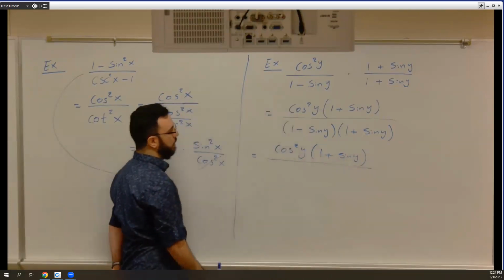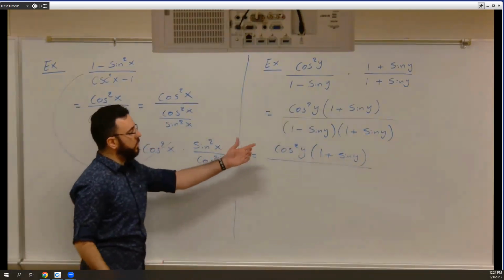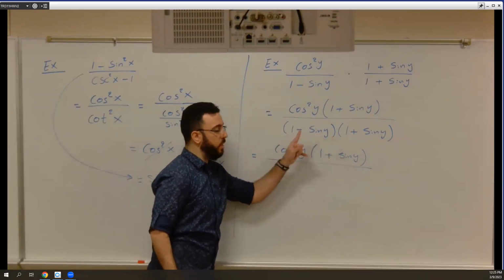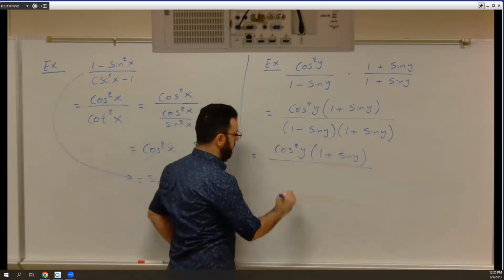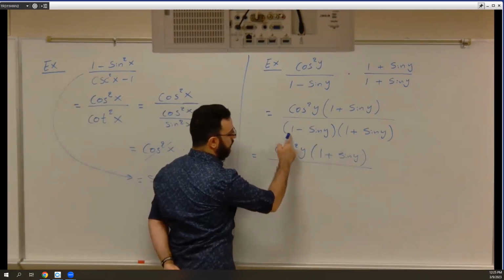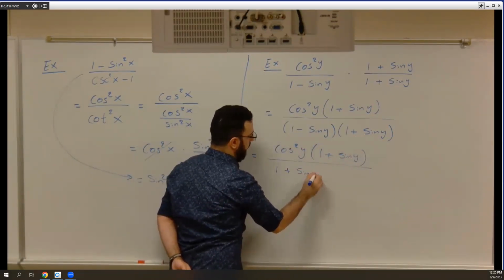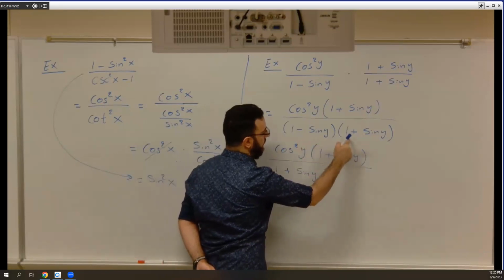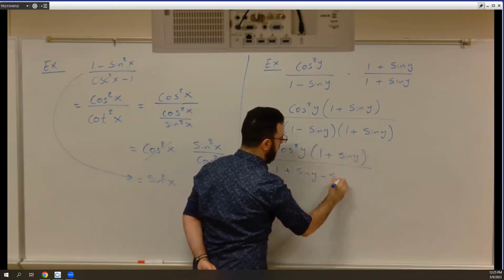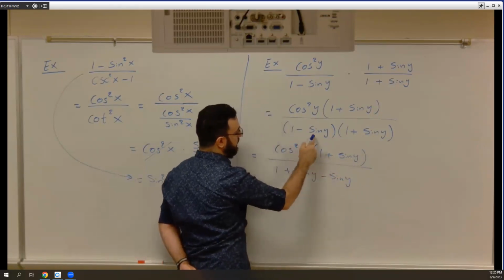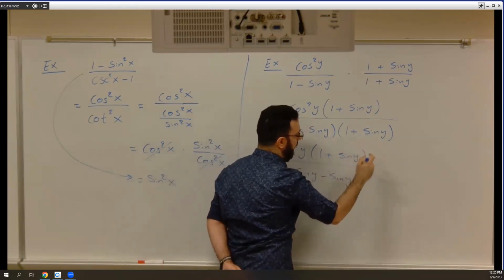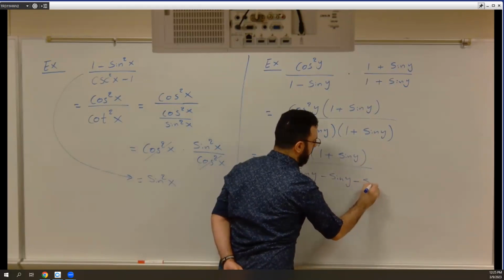Over, on the bottom part, I'm going to distribute these two together. 1 times 1 is going to be 1. 1 times sine y, sine y. Now, negative sine y times 1, negative sine y. Negative sine y times sine y is going to be negative sine square y.